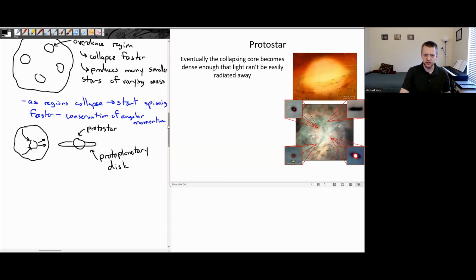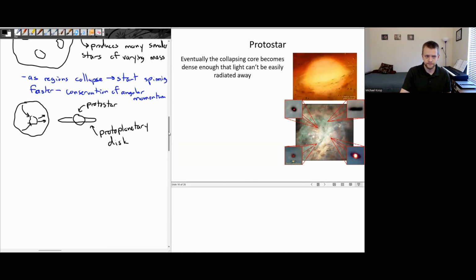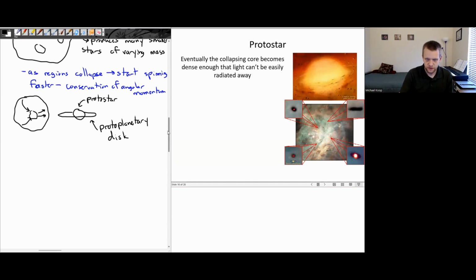Okay, so let's talk about these protostars in a little bit more detail. How do we actually go from one of these dense cores into this new protostar? Well, as this core is collapsing, we said that originally, when it was still kind of a thin gas, thermal energy was easily radiated away.